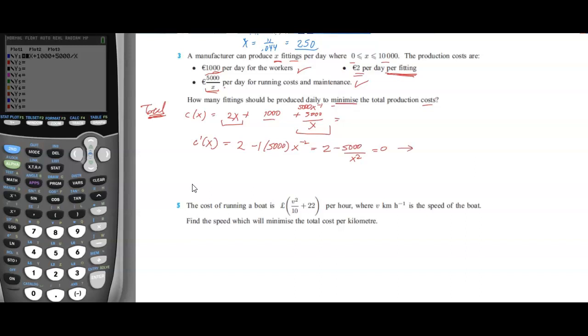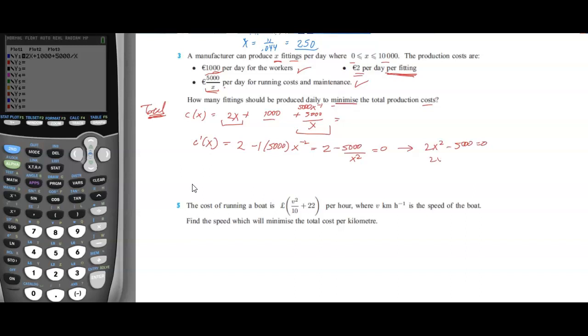And then if we solve that, we would multiply both sides by x squared to get it out of the denominator. So we get 2x squared minus 5,000 equals 0.